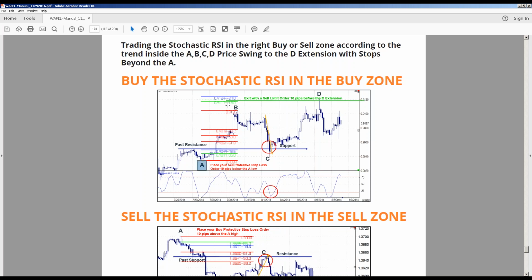Here we have an up A, B, C, D. The market retraced back inside the AB boundary, bounced at past resistance becoming future support, and gave us a deep retracement at the 8.6 retracement level. So if I buy over here, I'm going to target the D extension. That's going to be the 1.18 extension, and I'm going to place my stop 10 pips below the A, or 10% of the daily trading range below the A.